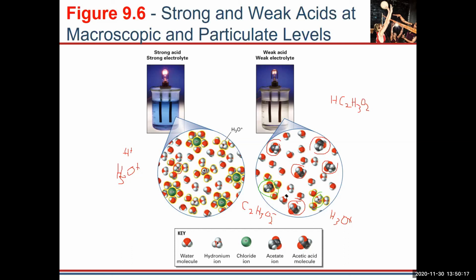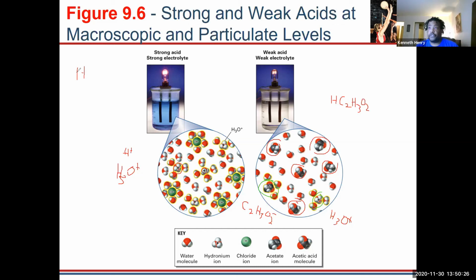I'm kind of confused, because I asked how can we tell if it's major or not, and you said, well, if it's a strong acid. If it's a strong acid, HCl is a strong acid. HCl is always going to dissociate into its ionic components.